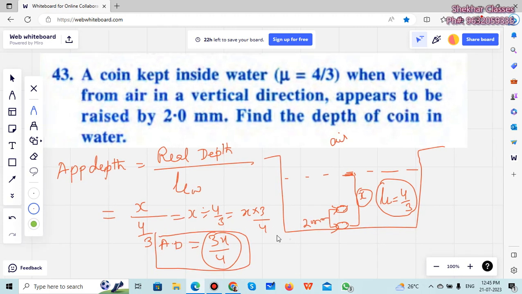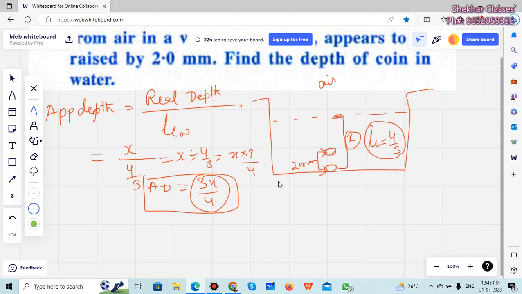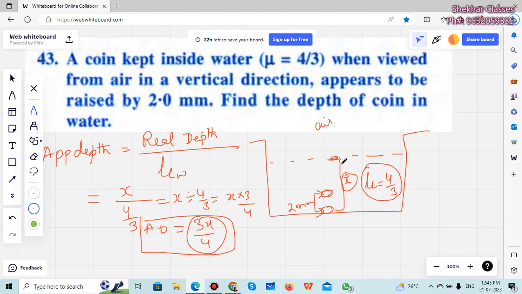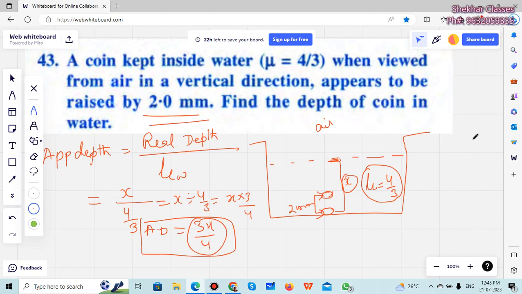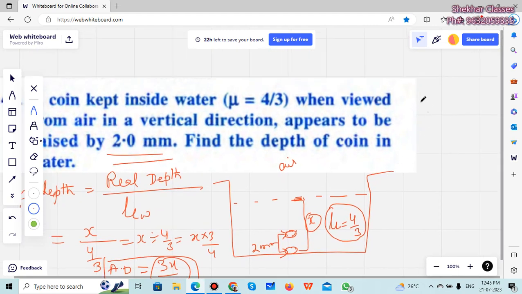Now once we have got the apparent depth, we know that they have given the shift. This 2 mm is the shift. So you can write the given here. Shift is 2 mm. And real depth we have taken is x mm.